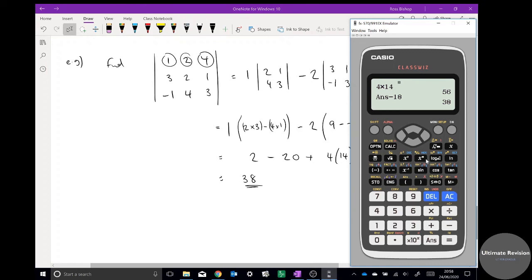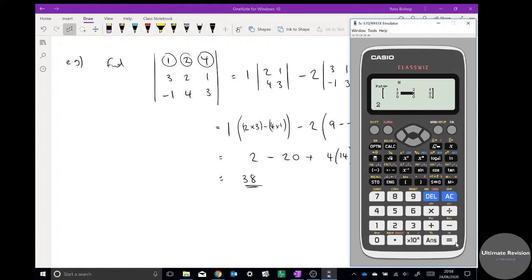So, I can do this on my calculator, luckily. If I go into the option again, edit matrix, mat A. Oh, in fact, I might define the matrix, mat A. Number of rows, 3. Number of columns, 3. 3 by 3 matrix, 1, 2, 4. You can see the power of the calculator now.